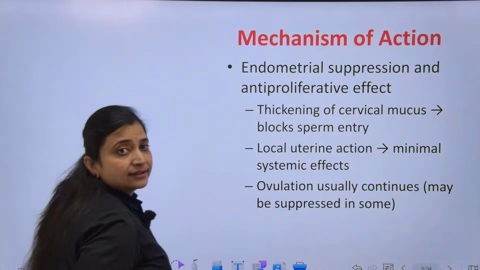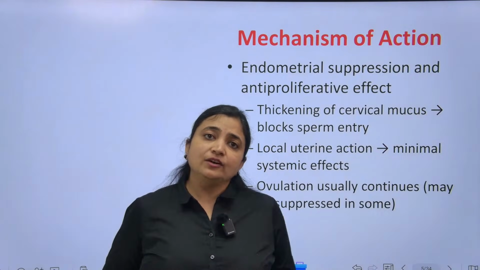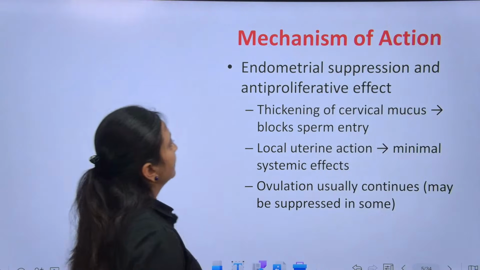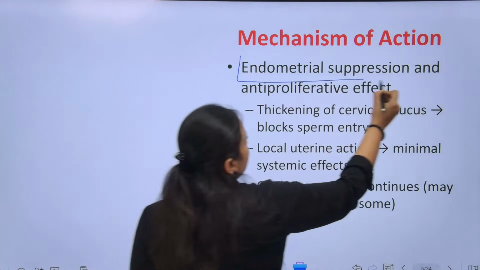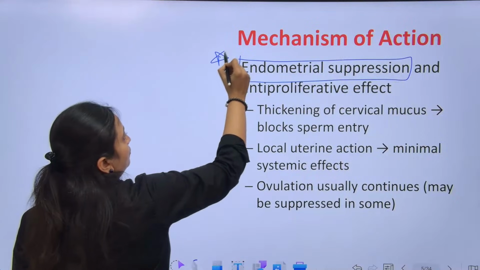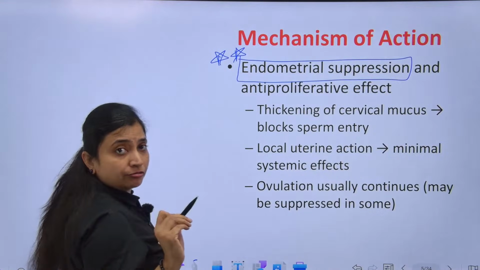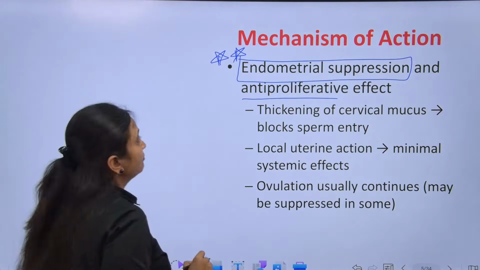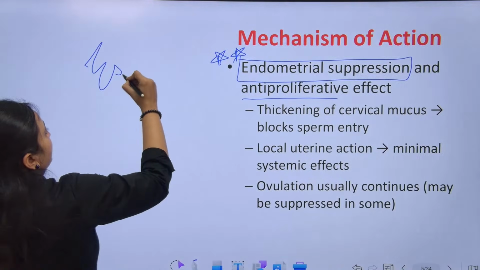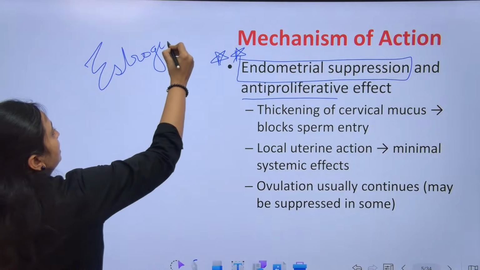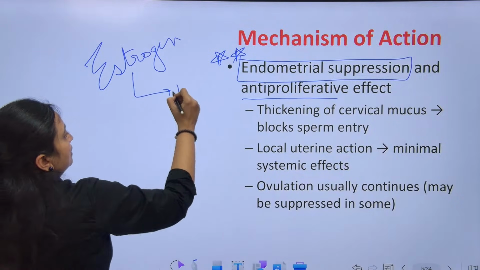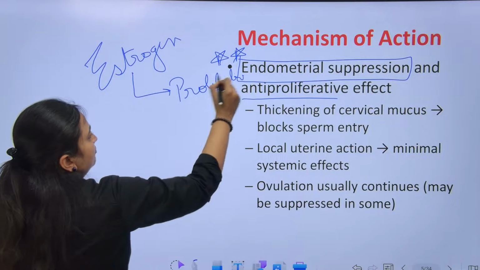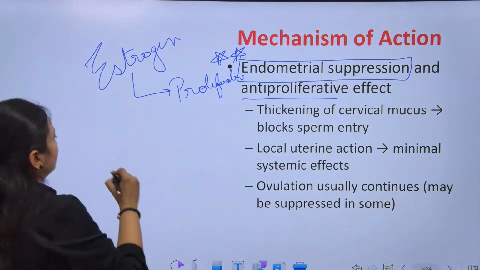Now, what is the mechanism of action? Very important. Why can it be used as a contraceptive as well as to control bleeding? Endometrial suppression is the most common, most important effect of LNG-IUS, because it has an anti-proliferative effect. We have read, this is the basic of gynecology, that estrogen has a proliferative effect. It starts proliferating everything, the glands, the stroma and everything.